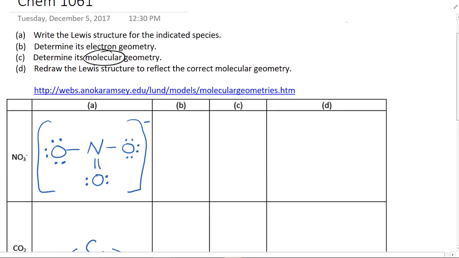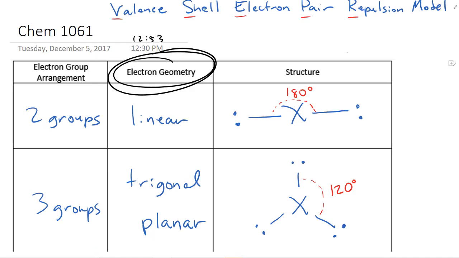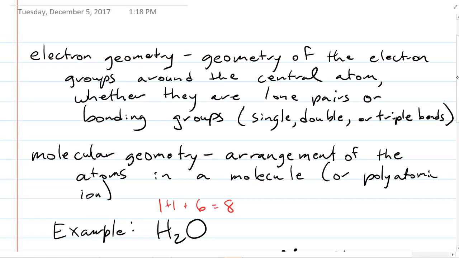The next thing we need to do here is to determine the electron geometry. We're going to do that based on what we came up with right here, and then we're going to count electron groups. Remember that an electron group is either a lone pair or a bonding group, and if it's a single, double, or triple bond, it still counts as one group.